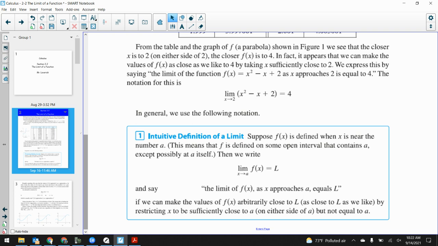You always have to be very careful to say what the limit is going to. You can't just say the limit of the function is 4. That doesn't really make sense. You have to specify where your x value is going to say where your y value is going. And this, again, is how we read it. The limit of f of x as x approaches a equals L.